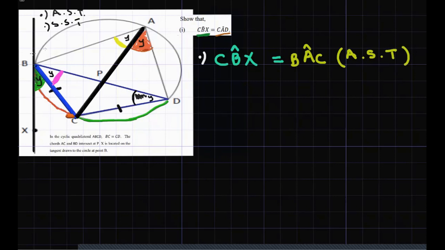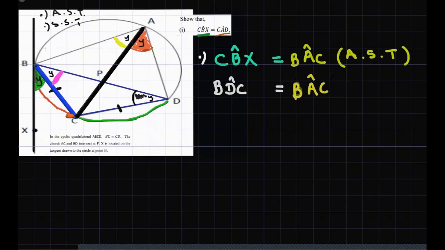The black angle's name is BDC. So BDC is equal to the yellow angle, BAC. What's the theorem?